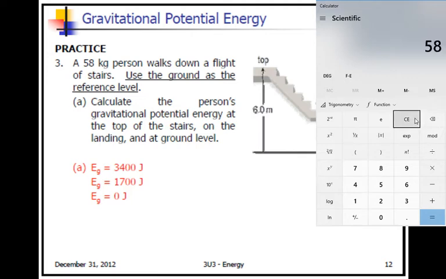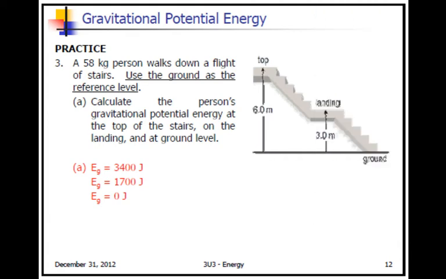And I'll do this on the calculator just for completion purposes. 58 times 9.8 times the ground floor, which is 0, gets us 0 for our gravitational potential energy at the bottom level of the stairs.